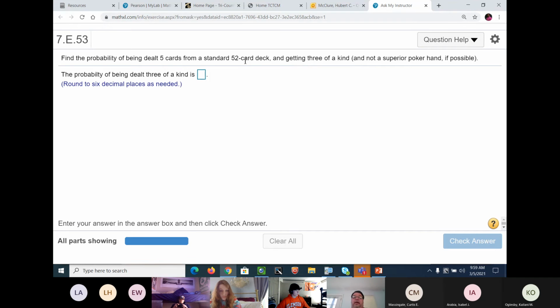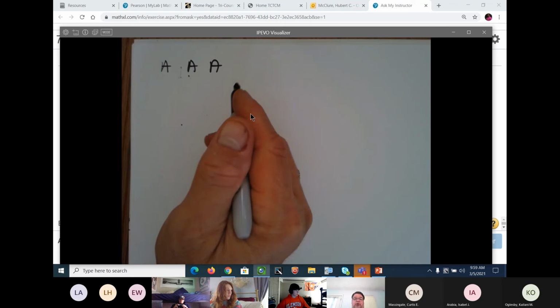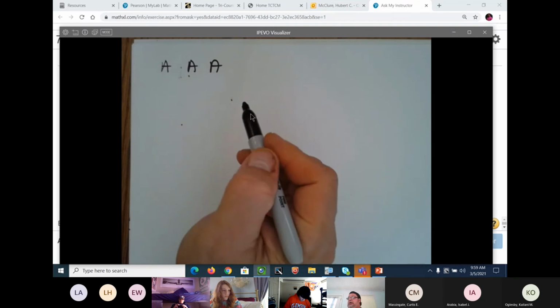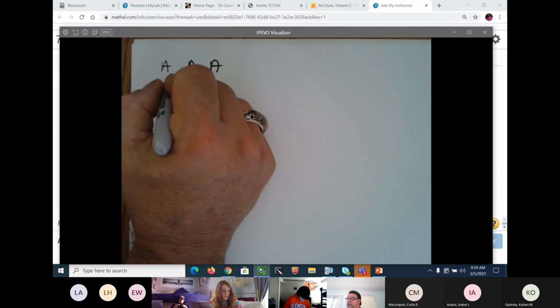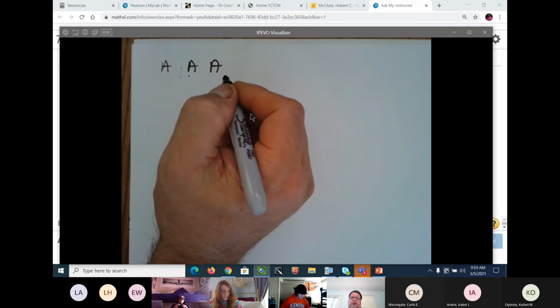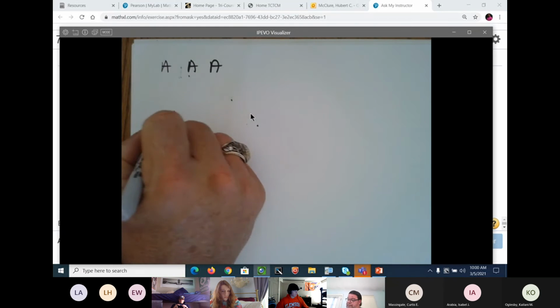That's like an ace, and an ace. Now, the good thing about the cards is there's 1 of each card. So 3 of a kind would be like 3 aces. How many aces are in a deck of cards? 4. 4 out of 52.